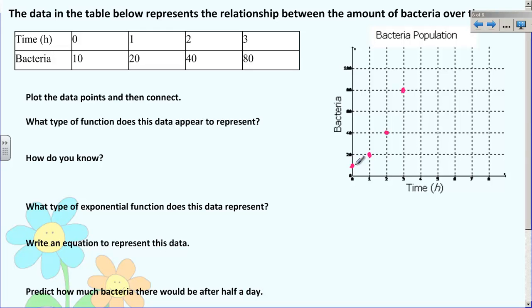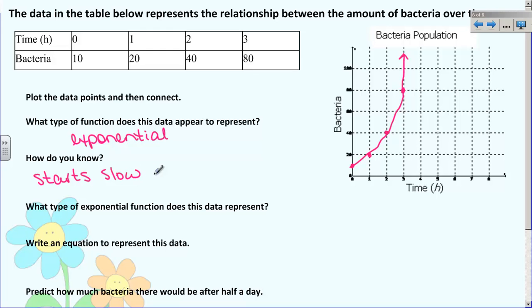And if you connect these, I know y'all are going to say that it probably looks like a quadratic. If you look at it, it appears to represent a quadratic because it looks like a parabola, but it's not. It's going to be exponential. And here is how I know. It starts slow.